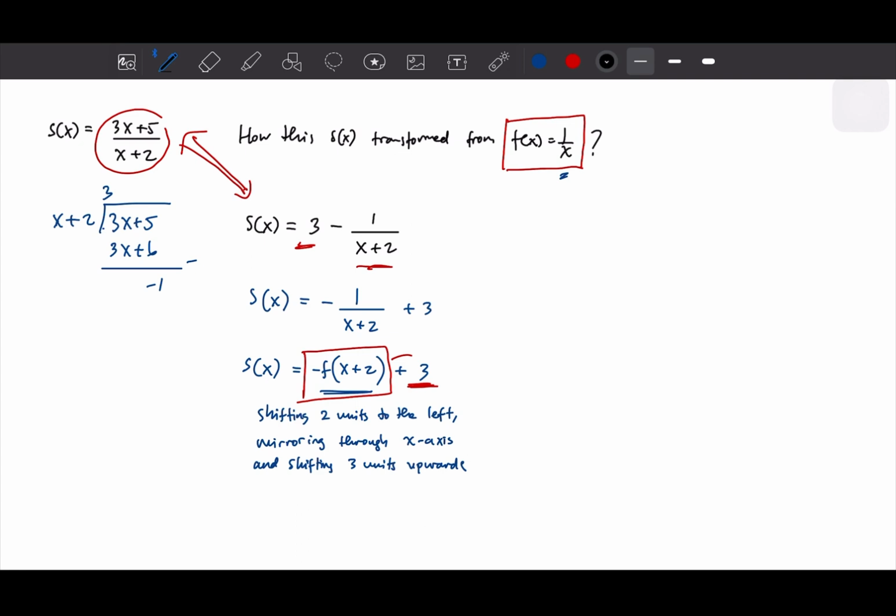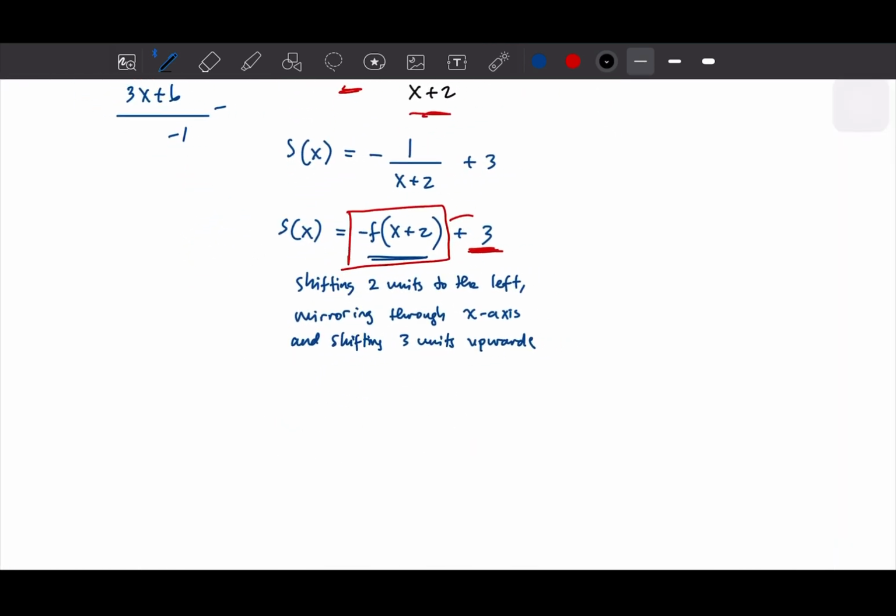All right, what else is important? I think for asymptote, let me give you an example.